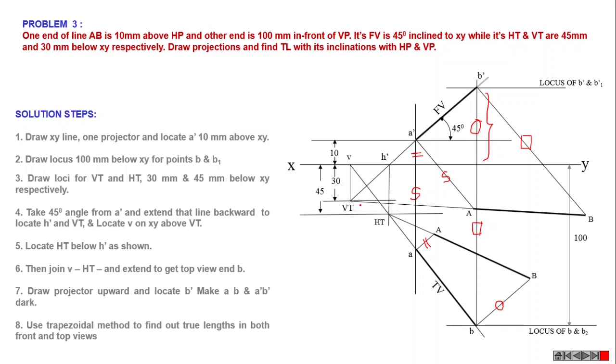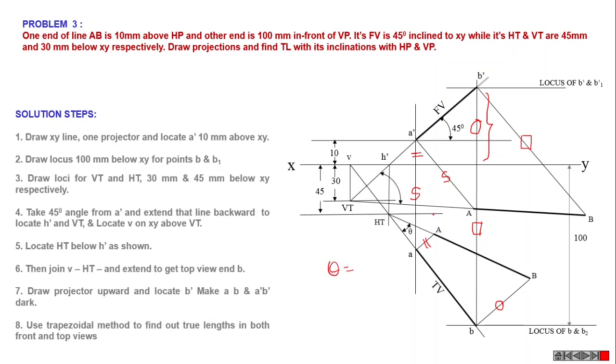Okay, then we can find out the angle between true length and plan. In the trapezoidal method, that angle will become theta, the true inclination with HP. We can find out that angle theta.